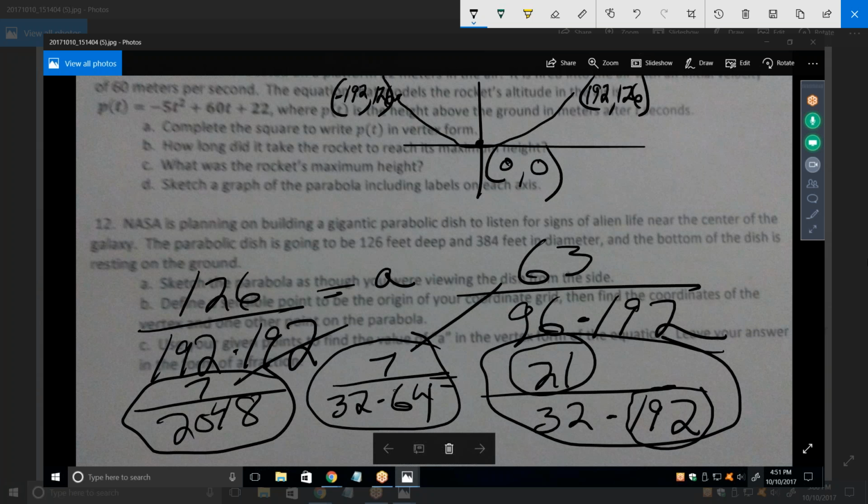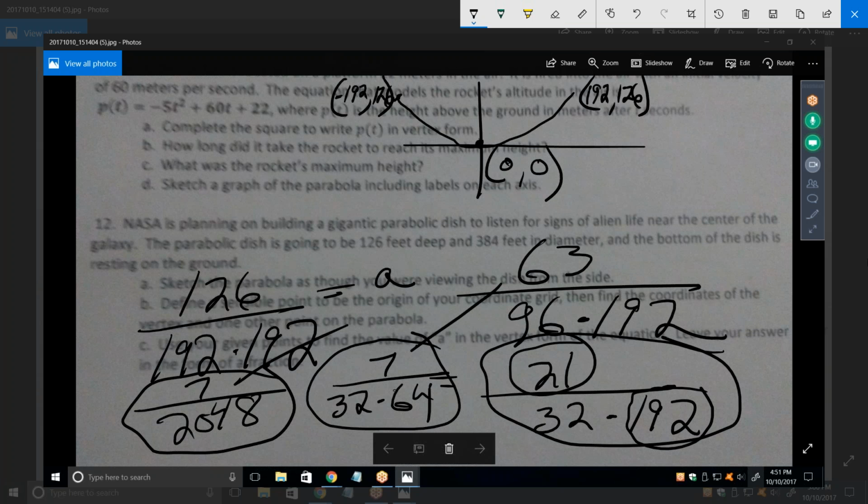And notice that you might have been able to do that on a calculator. Do you have a calculator that's got one button that'll convert a decimal to a fraction? Some calculators have that. And if you have that, then you can do that whole problem on a calculator, come up with a decimal, convert it to a fraction. It'll tell you 7 over 2048.